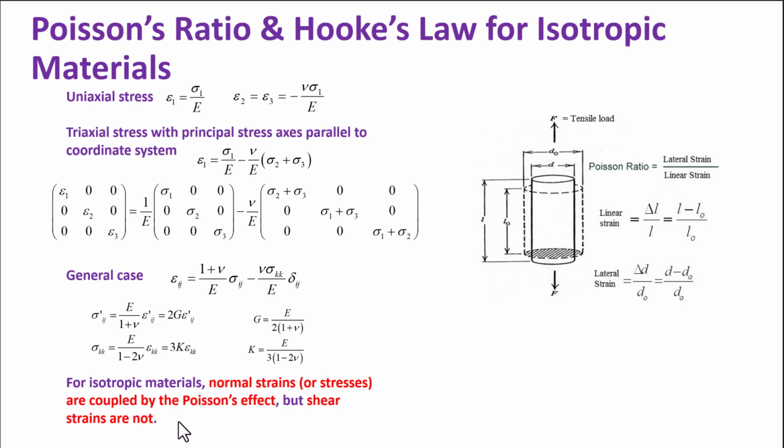So in isotropic materials, sigma 12 only relates to epsilon 12, whereas the normal stress like sigma 11 is not just related to epsilon 11. It's coupled. It will relate also to sigma 22 and sigma 33. That's what this statement is about.